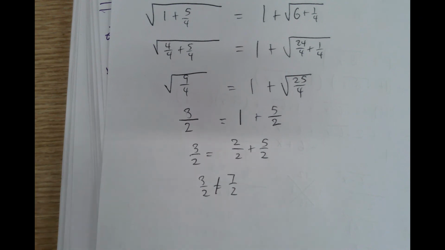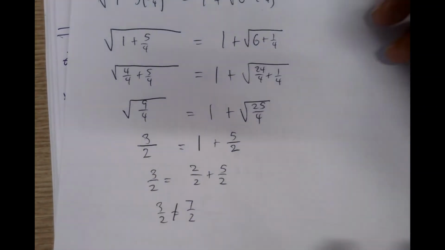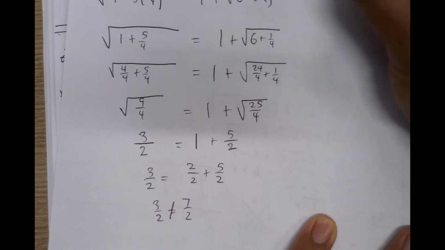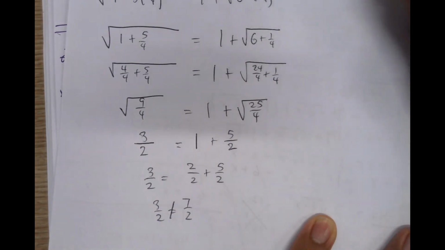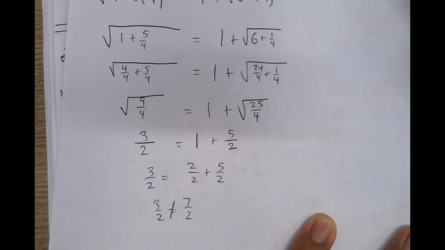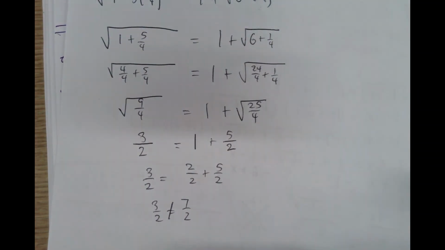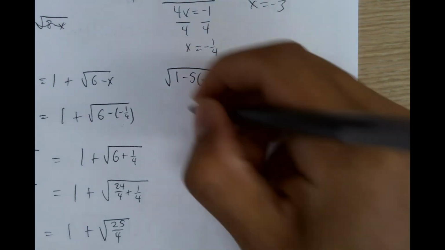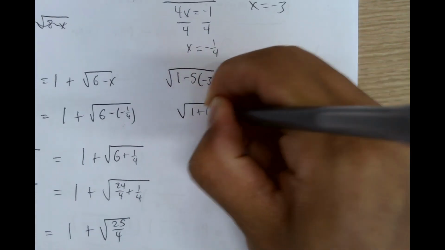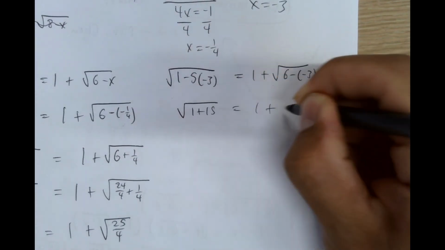Okay, we're almost done. We checked one answer. The other one's easier, right? It's just negative 3. So this one, we plug it into 1 minus 5 times negative 3 equals 1 plus the square root of 6 minus negative 3. Okay, so 1 plus 15 is equal to 1 plus the square root of 9.